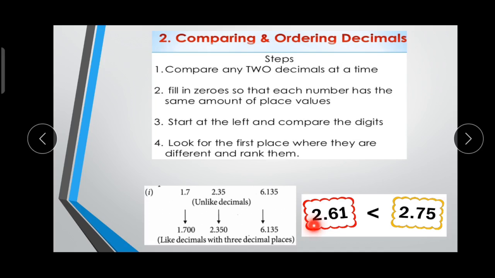Exactly, children, the tenths place. The tenths place here is 6. Here the tenths place is 7. Which is greater, children? 6 or 7? Exactly, children, 7. 7 is the greatest number. So we write it like this: 2.75 is greater than 2.61. I hope you understand comparing and ordering decimals.